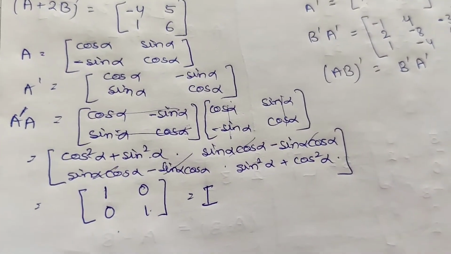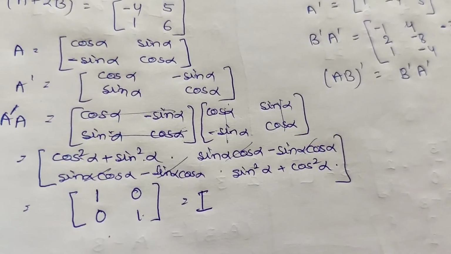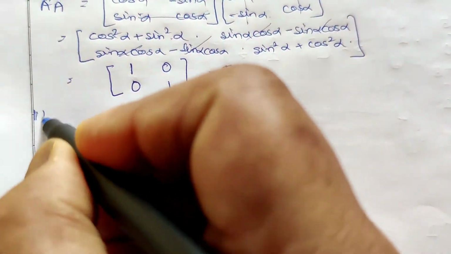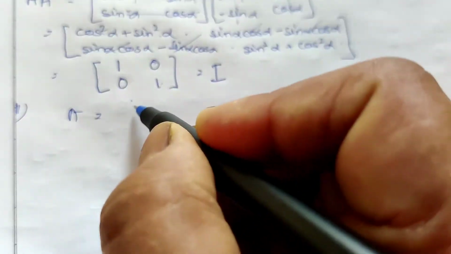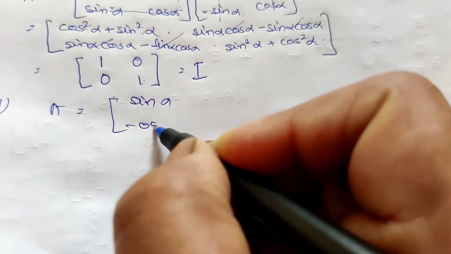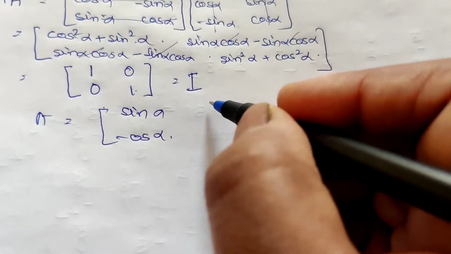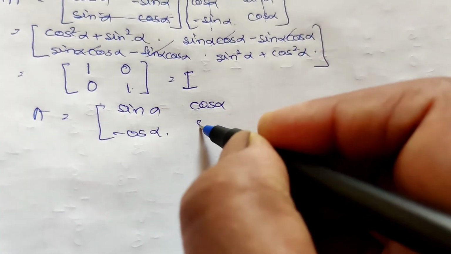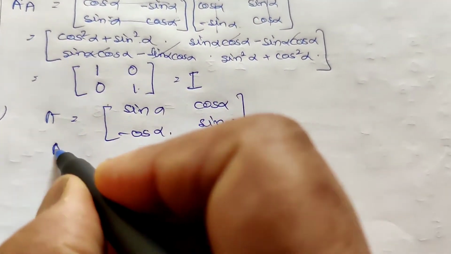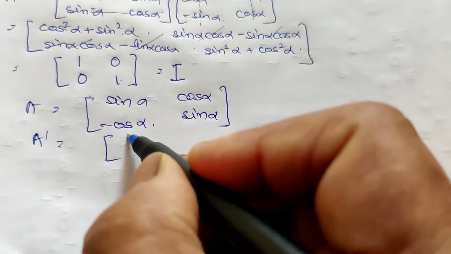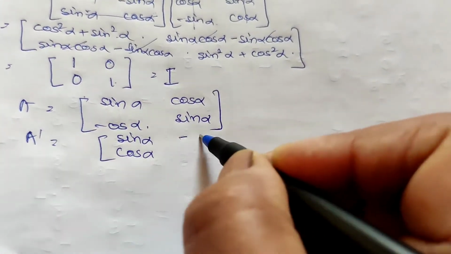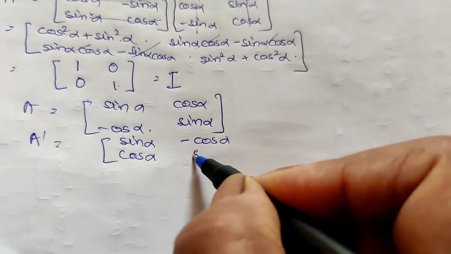And the second part is almost the same, with very little difference. A is sin alpha, minus cos alpha, cos alpha, sin alpha. And the transpose, the same: sin alpha, cos alpha, minus cos alpha, sin alpha.